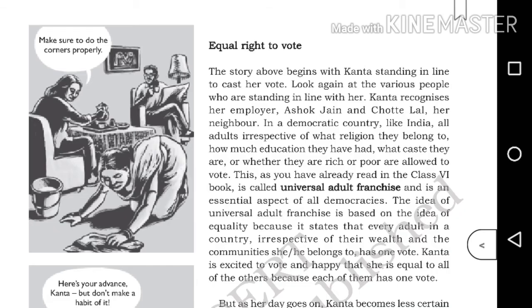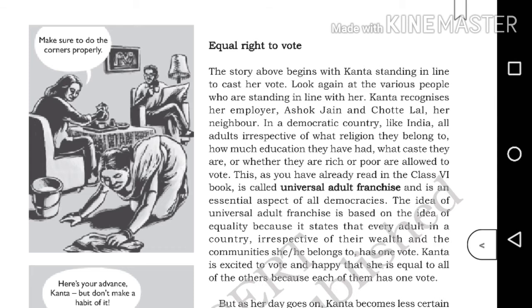Equal right to vote. The story above begins with Kanda standing in line to cast her vote. Look again at the various people who are standing in the line with her. Kanda recognizes her employer Ashok Jain and Chote Lal, her neighbor. In a democratic country like India, all adults, irrespective of what religion they belong to, how much education they have had, what caste they are, or whether they are rich or poor, are allowed to vote.